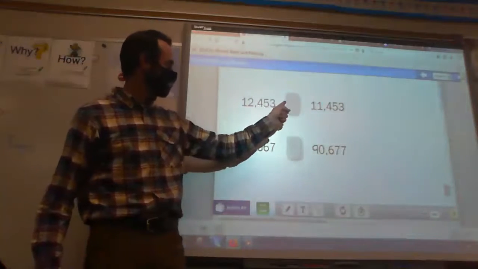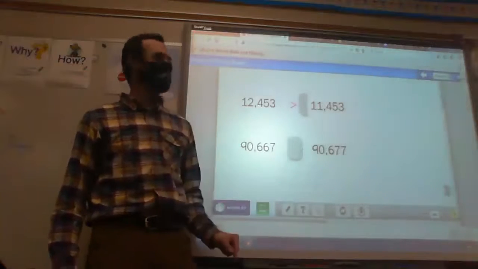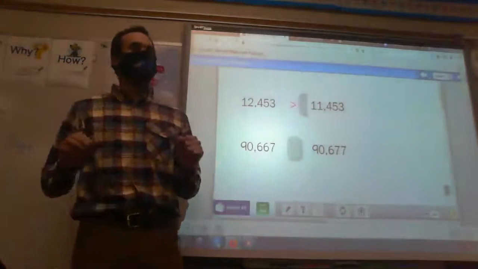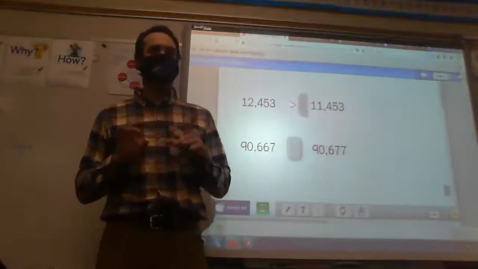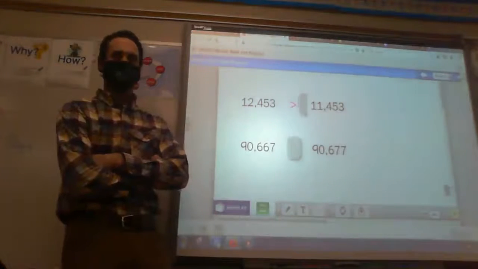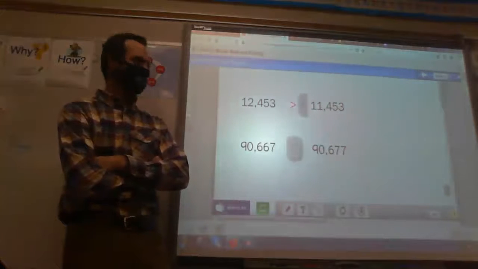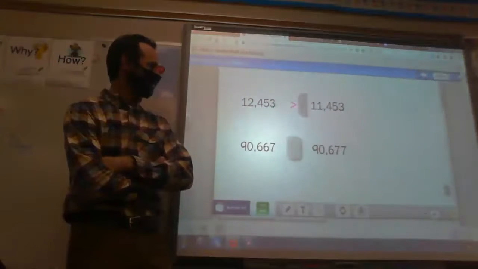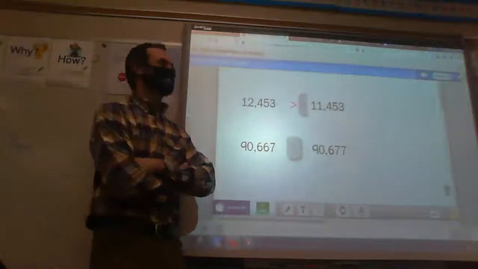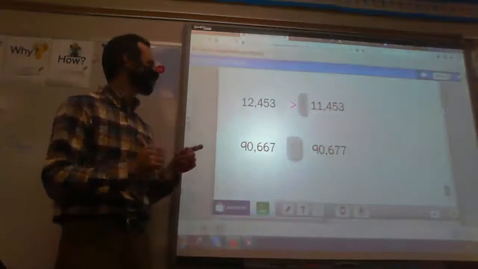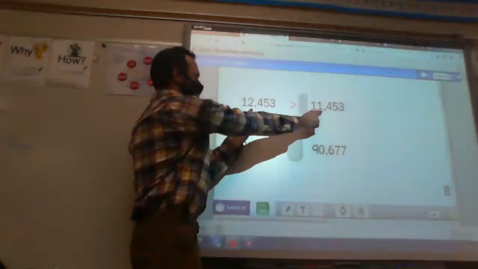12,453 is greater than 11,453. And now we're going to add an extra layer to this. How did you know? Because two is bigger. One is smaller than two, and because the first ones are the same, so you would look at the second ones, and two is bigger than one.